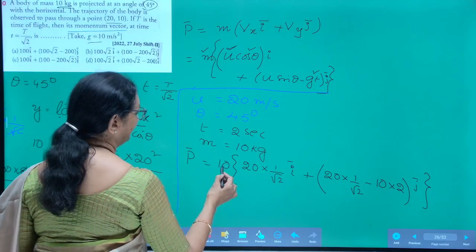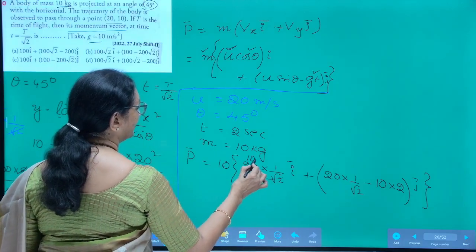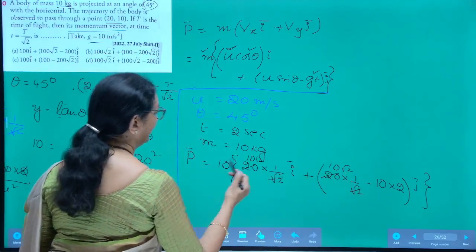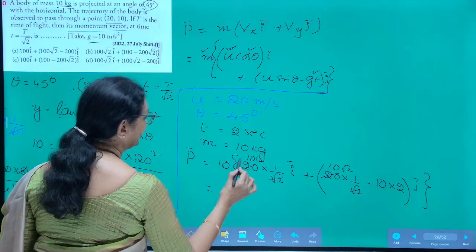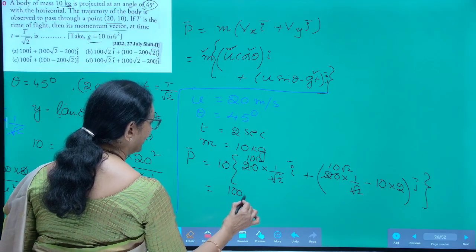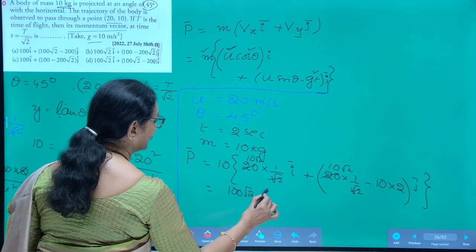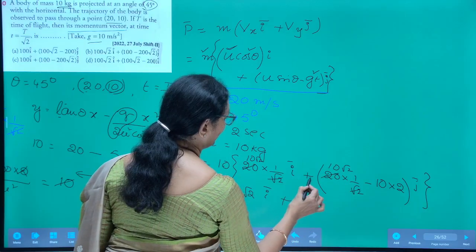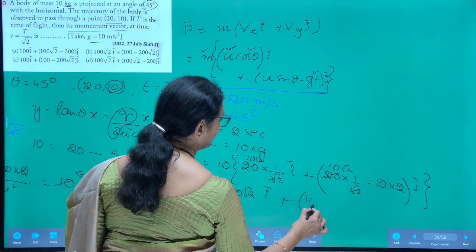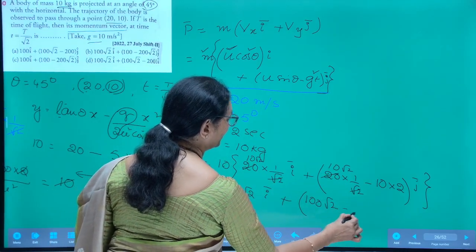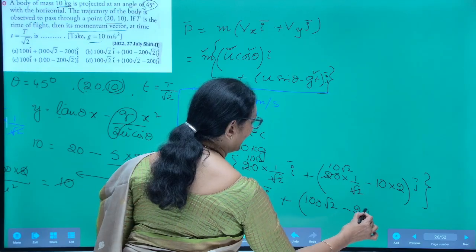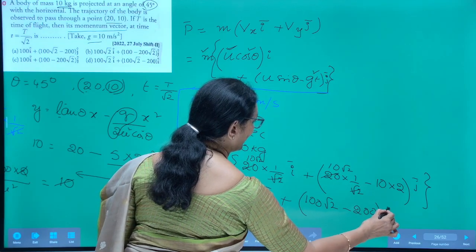So, this is 10 root 2 times, this is 10 root 2 times. If you expand this, 10 tens are 100 root 2 i bar, plus 10 into 10, 100 root 2, minus 10 into 10 into 2, 200, j bar.